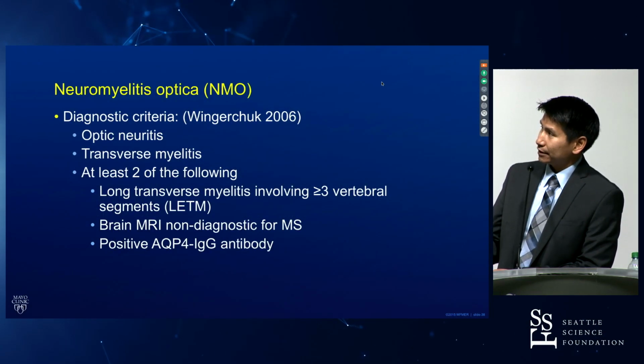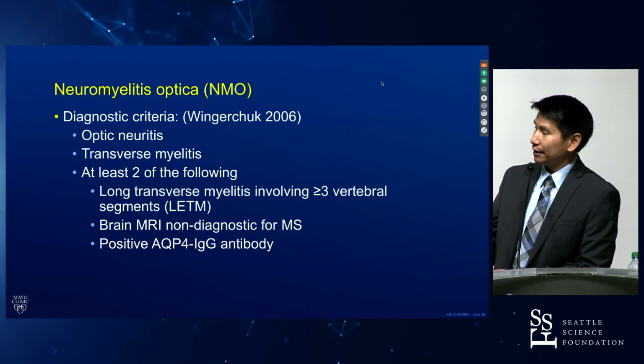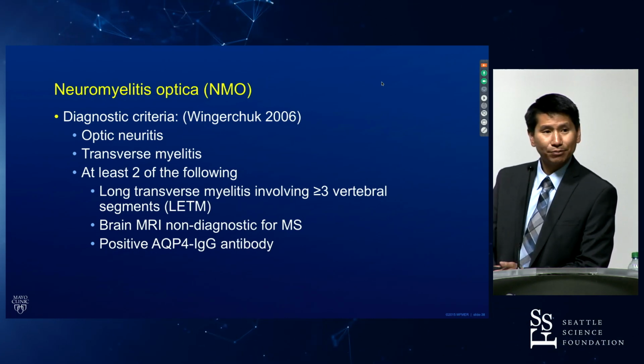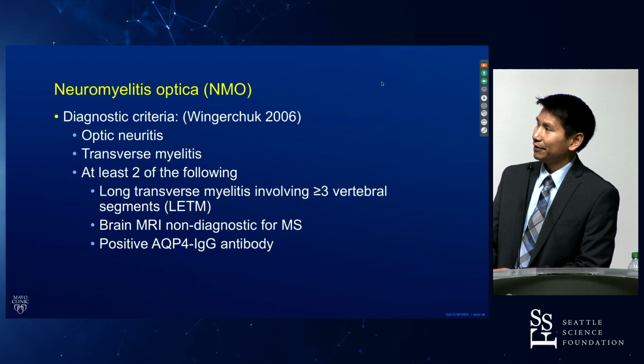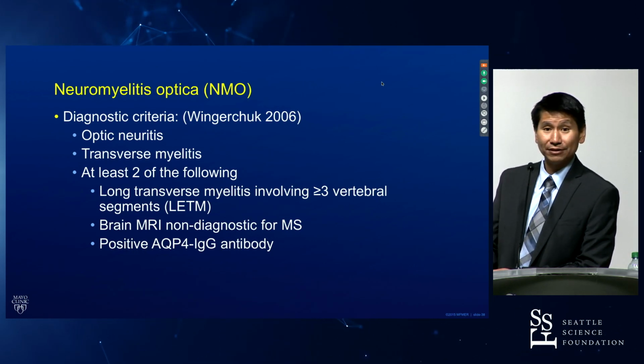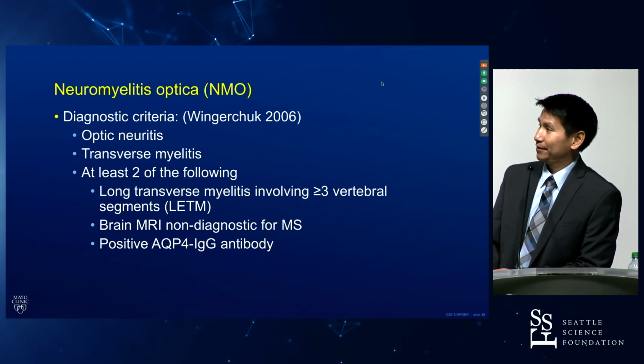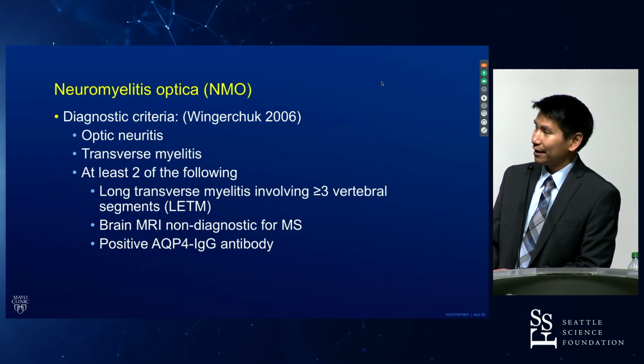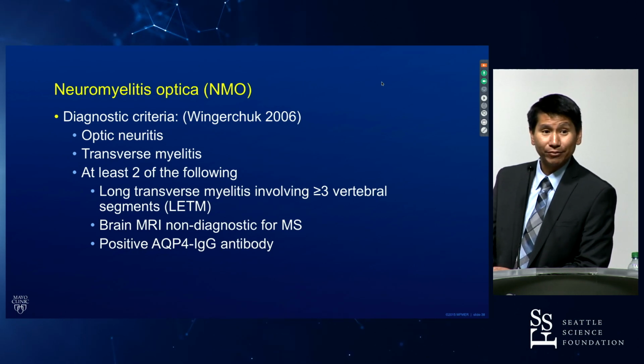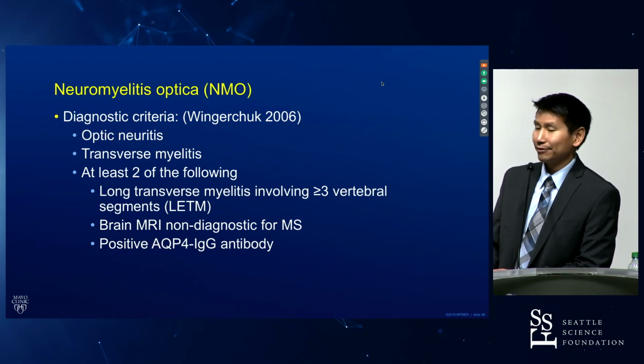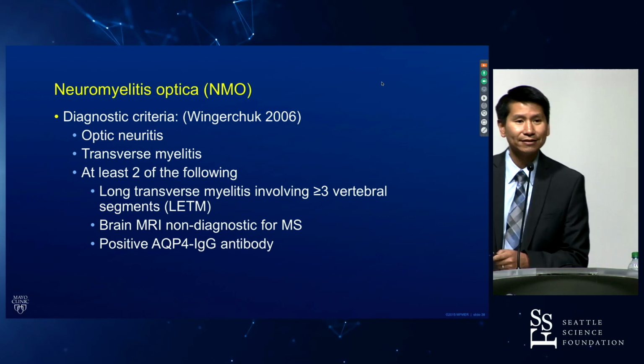So in 2006, Wingerchuk and colleagues had a diagnostic criteria that was actually pretty easy to remember. We've had optic neuritis, transverse myelitis, which we've known are the 2 most common symptoms for a century. And they had at least 2 of the following: a long transverse myelitis, an MRI without periventricular white matter lesions, and a positive antibody. So pretty easy to remember in 2006.